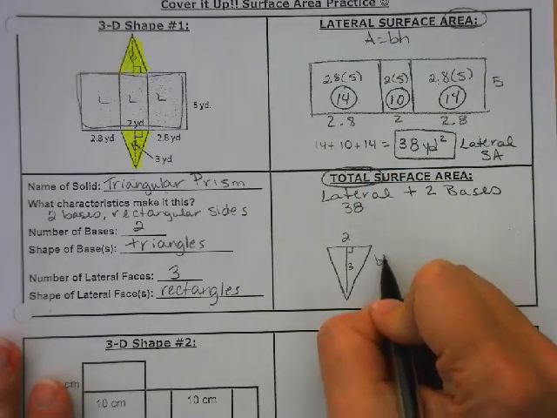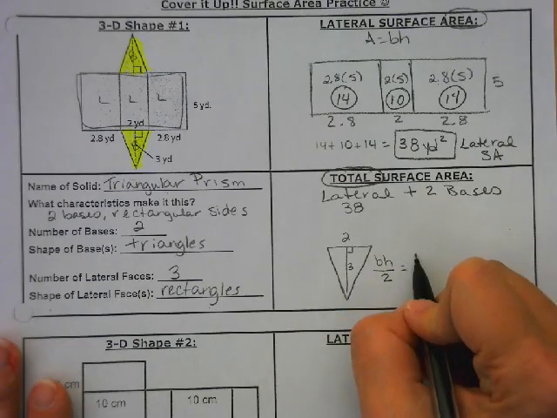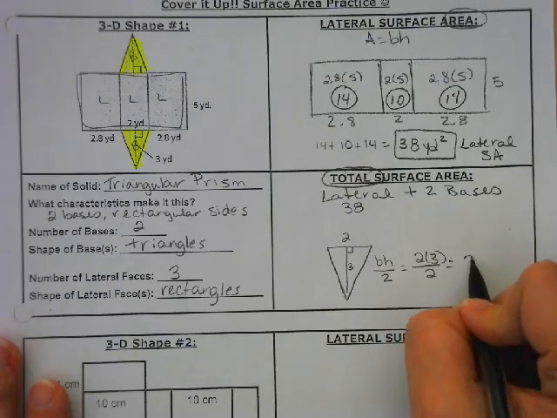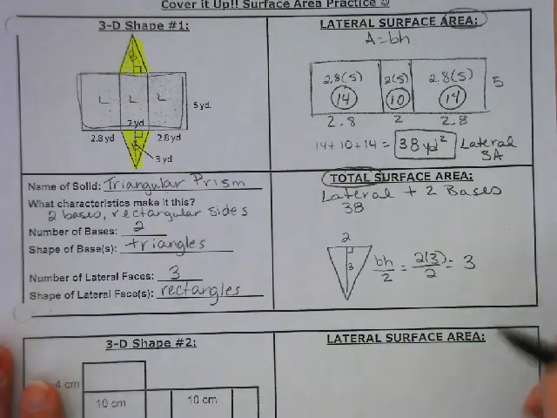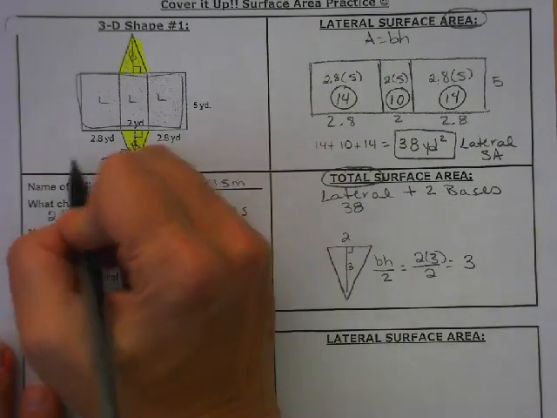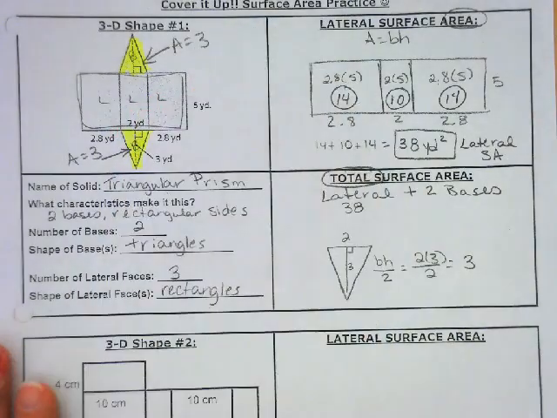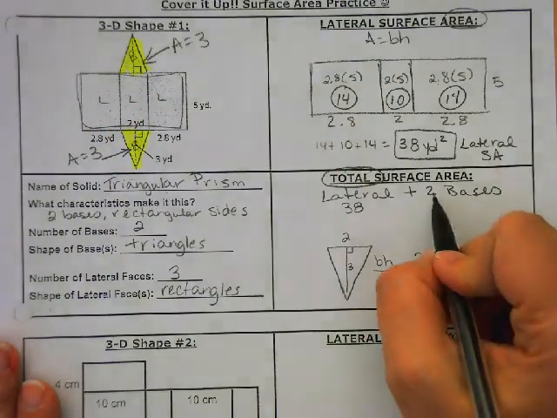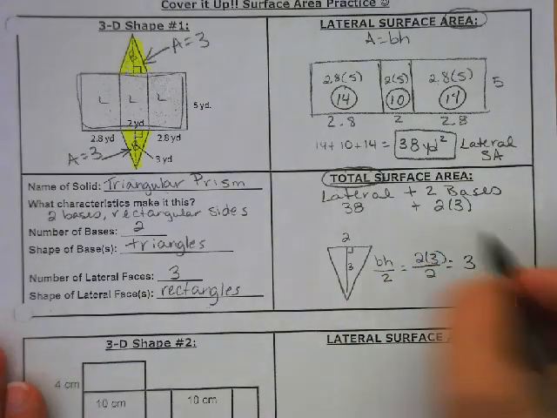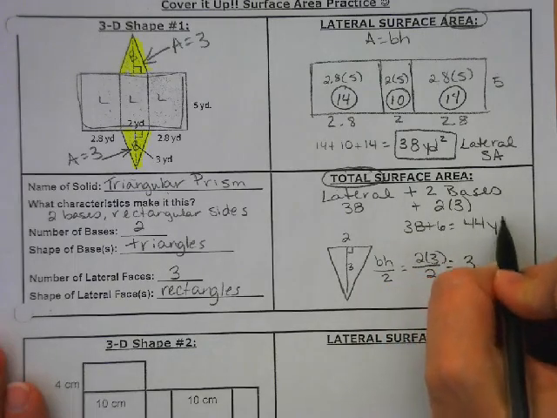So my triangle is base times height divided by 2. So I can say 2 times 3 divided by 2, which is in fact just 3. But how many of these do I have? I have 2 of them. So the area here is 3, but the area here is also 3. Because I have 2 bases. So I can say plus 2 times 3, and I get 38 plus 6, which is 44 yards squared.